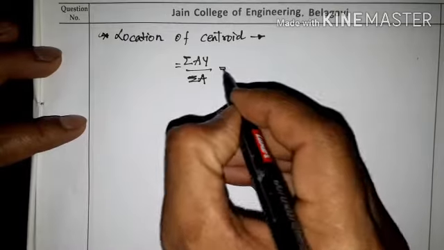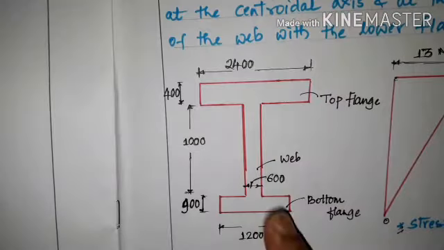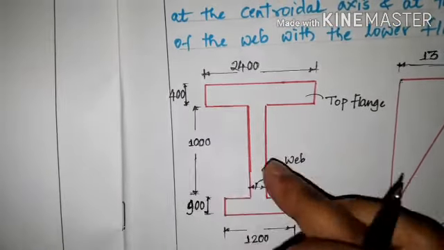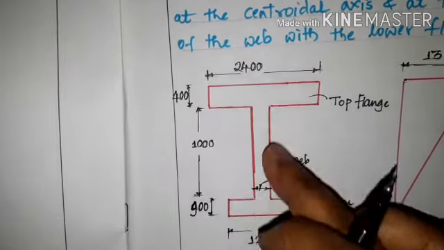So here we will divide our section into three parts, that is top flange, web and bottom flange: 1, 2, 3.